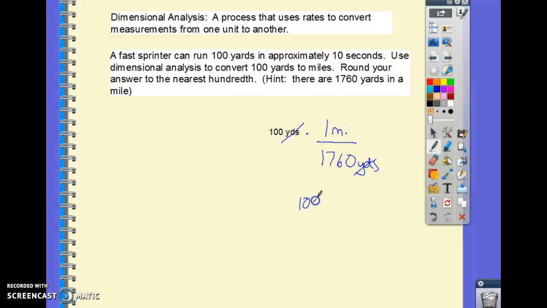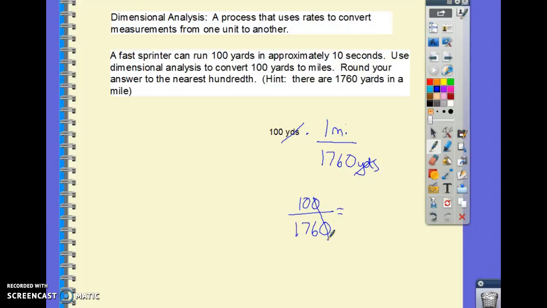So this means it's 100 over 1760. If you go ahead and divide that out on your calculator, you can reduce it first if you want and do 10 divided by 176.